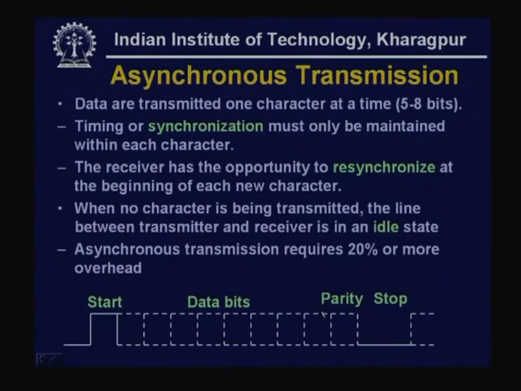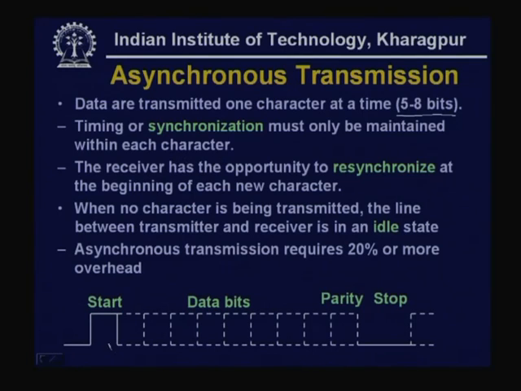First, let us consider asynchronous transmission. In asynchronous transmission, the synchronization is done at the character level. So, data is transmitted one character at a time. As we know, the number of bits can vary from 5 to 8, and timing or synchronization must only be maintained within each character.